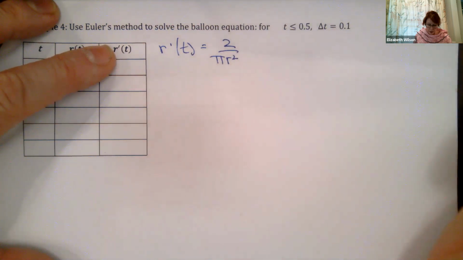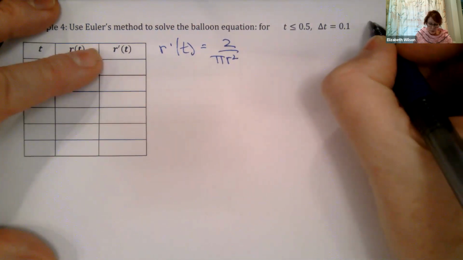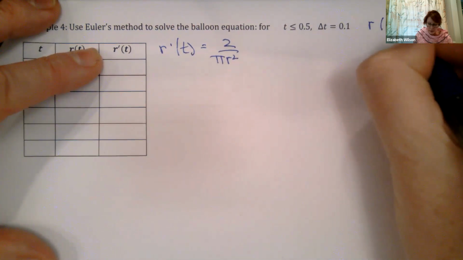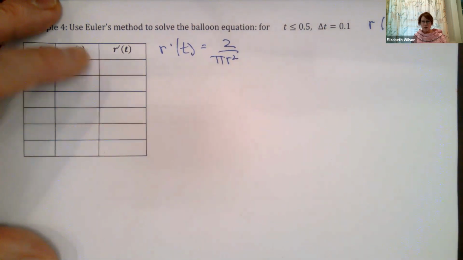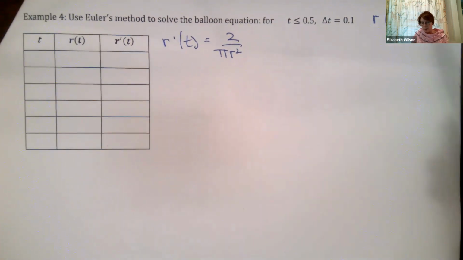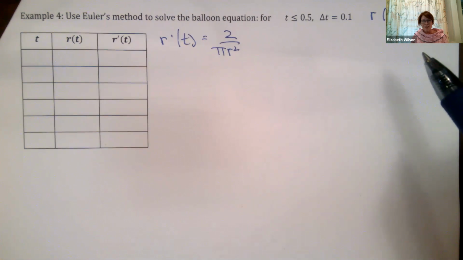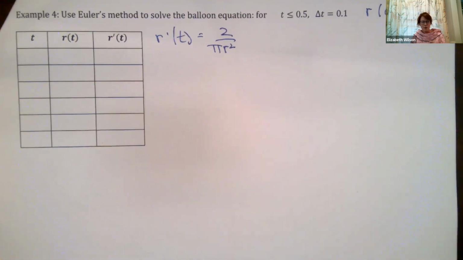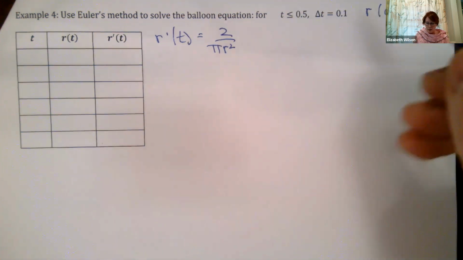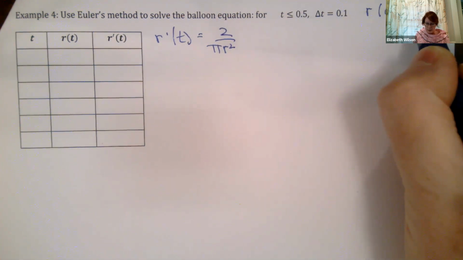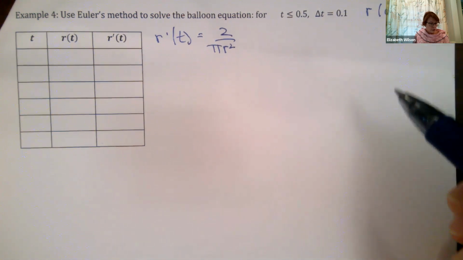I forgot to give you an initial value: at time 0, our radius is equal to 0.5. That's also why we can't make our radius 0 at the beginning. When you pull the balloon out of the package, it's floppy, but there's still some radius there. That gives us our initial condition.